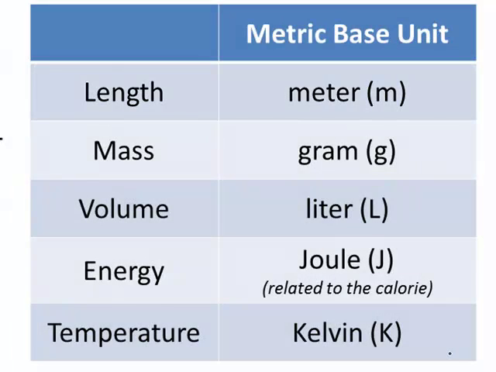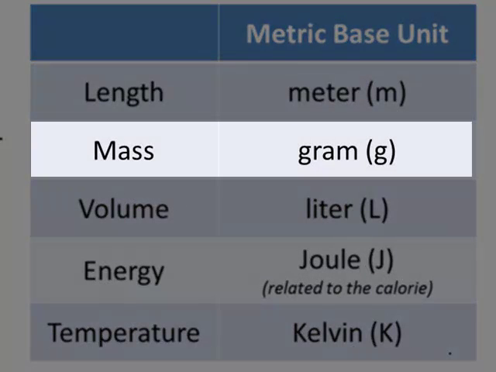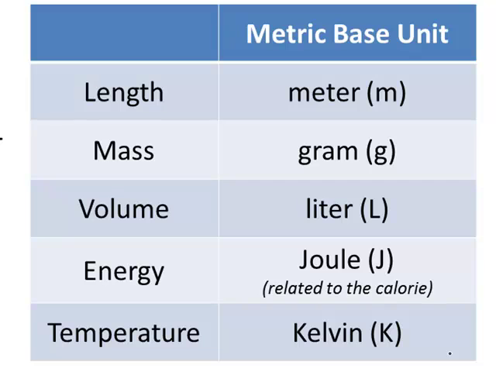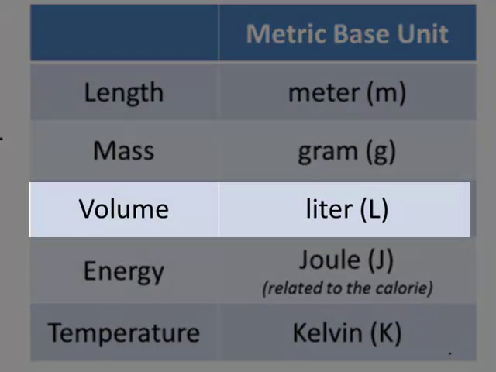If you're measuring the mass or the weight of something, you'll measure in terms of grams, which is represented with a lowercase g. That means you can have grams, you could have centigrams if you're measuring something smaller, or maybe you'd use kilograms if measuring something larger. For volume, we use the base unit of a liter.